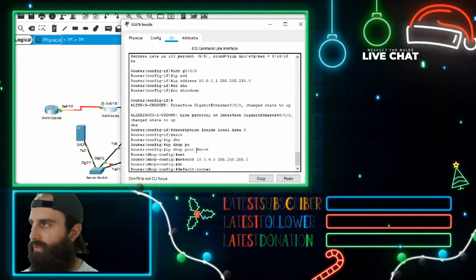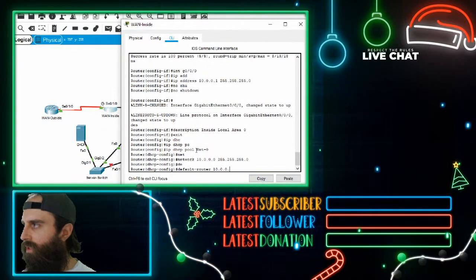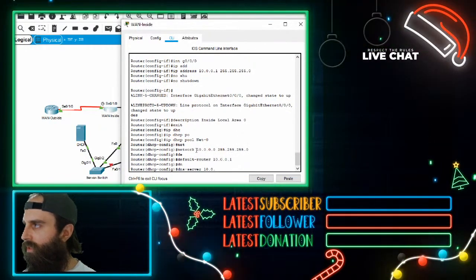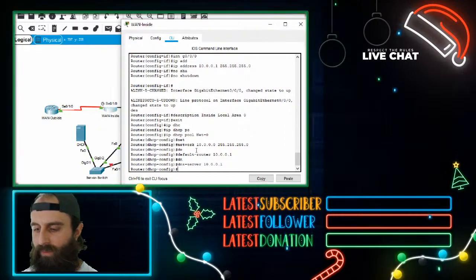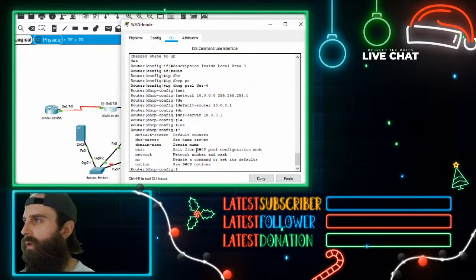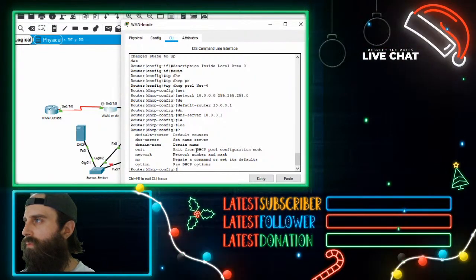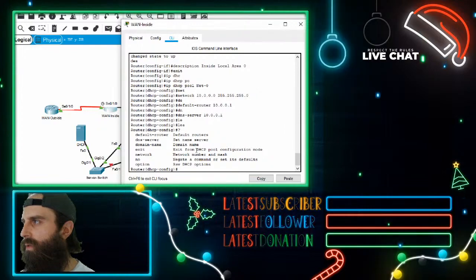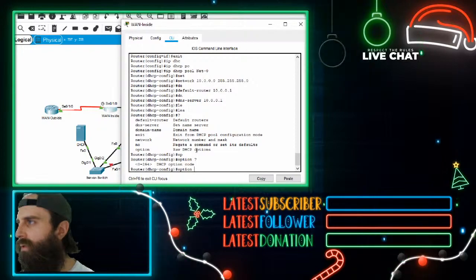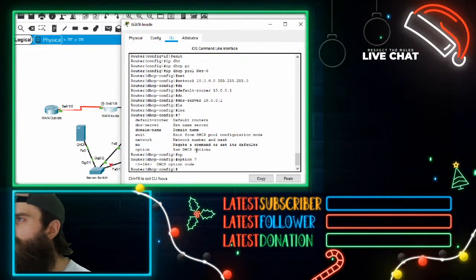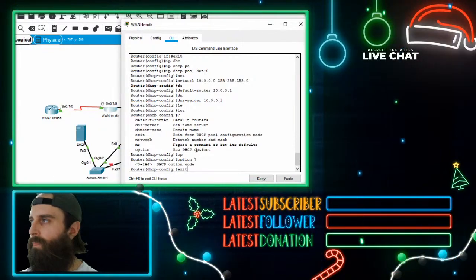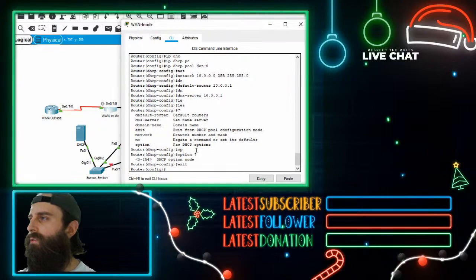And then I'm going to say default router 10.0.0.1. All right. And DNS, I'm going to say 10.0.0.1. All right. I'm going to say lease. Main network. Options. Let's look at options real quick. Exit.